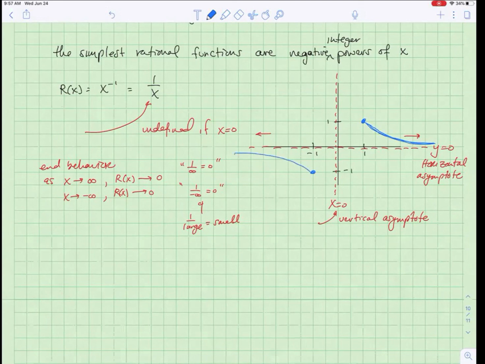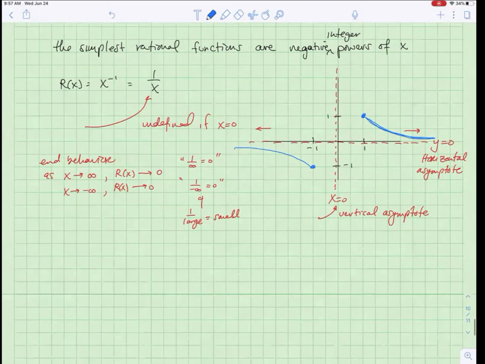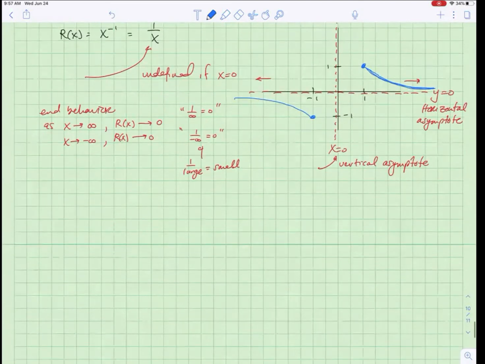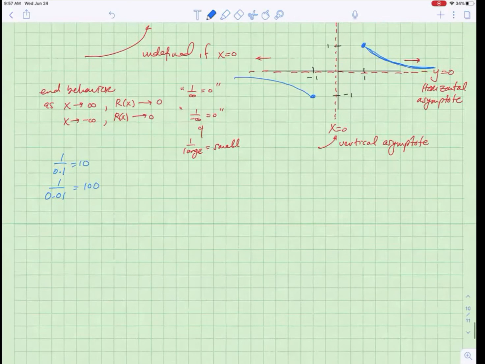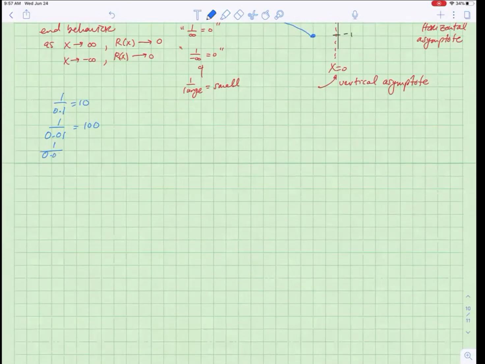But as we plug in numbers that are close to 0, like 1 over 0.1 is 10, and 1 over 0.01 is 100, and 1 over 0.001 is 1,000. You might use this same notation to say something like this.